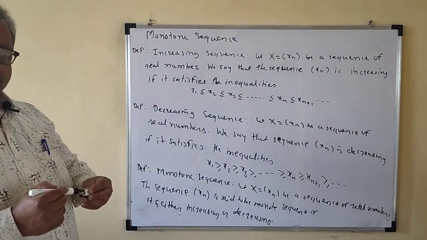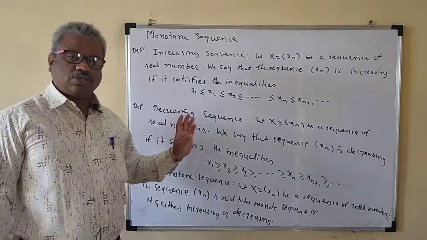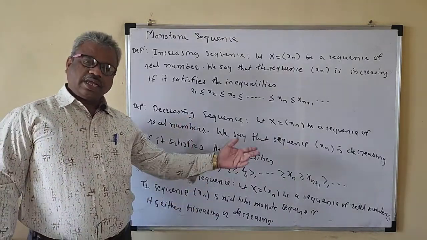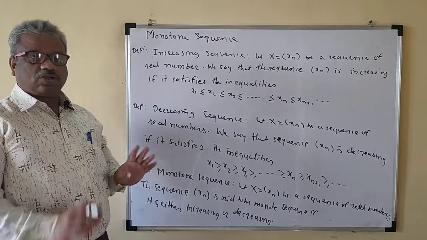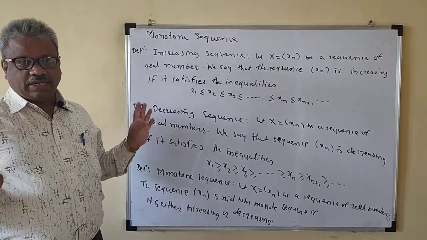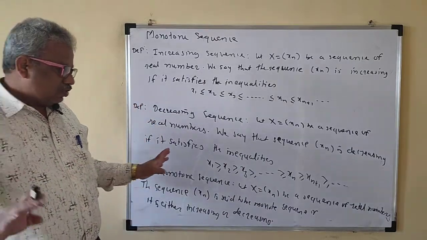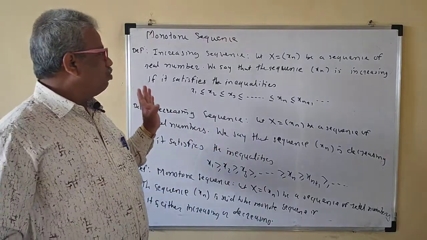That means if a sequence is increasing, then it is called a monotone sequence. If a sequence is decreasing, it is also called a monotone sequence. So monotone means it is either increasing or decreasing, not both.